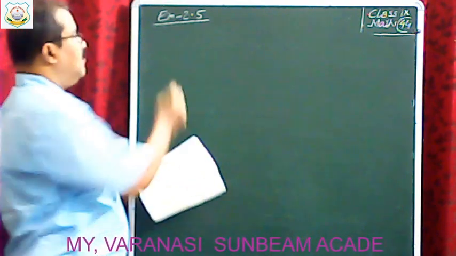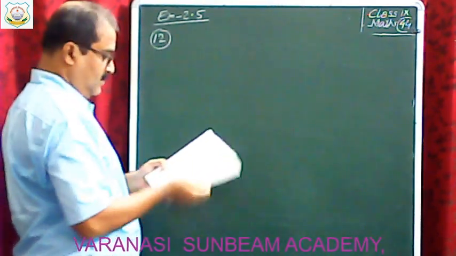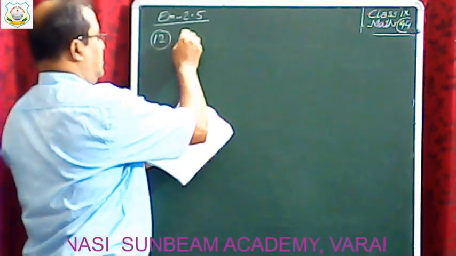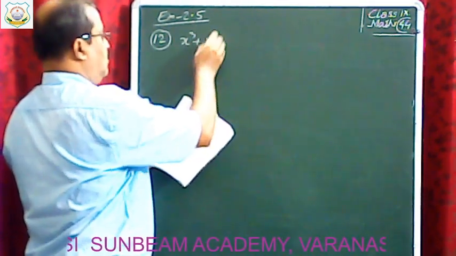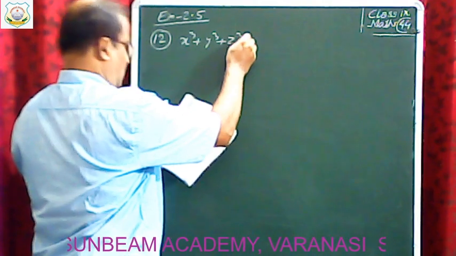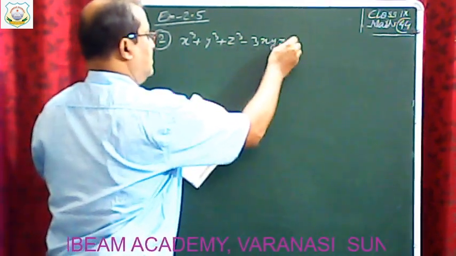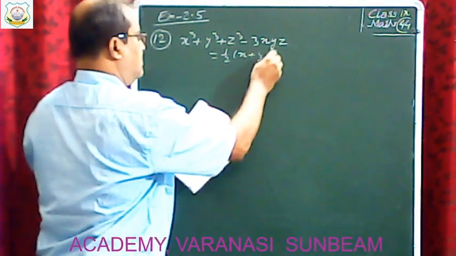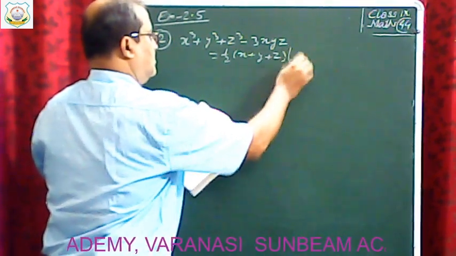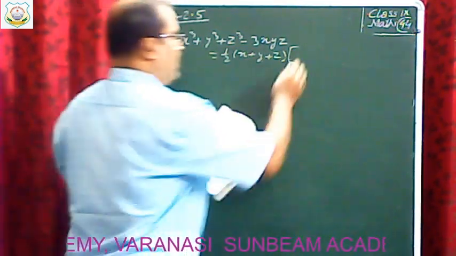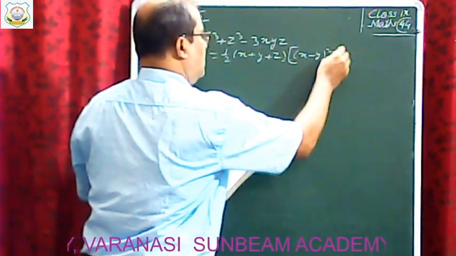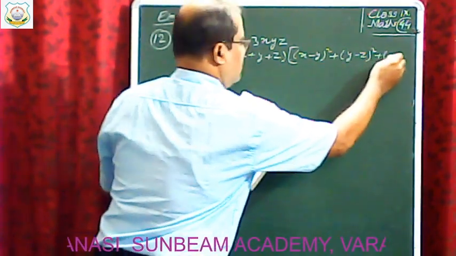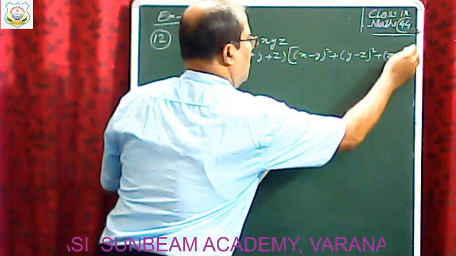Question number 12. Verify that x cube plus y cube plus z cube minus 3xyz equals half of x plus y plus z, thereafter within a big bracket, x minus y whole square plus y minus z whole square plus z minus x whole square.